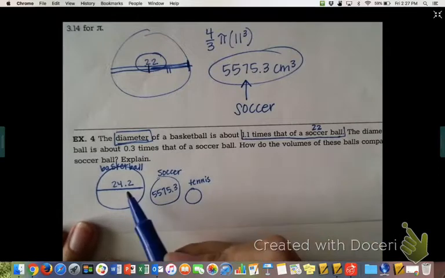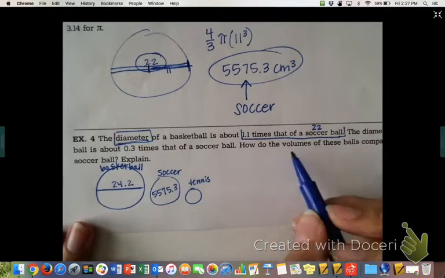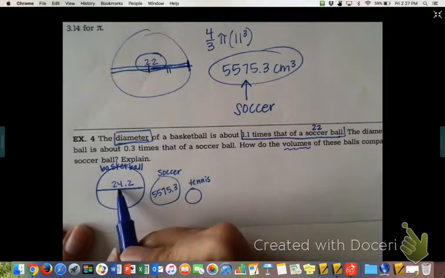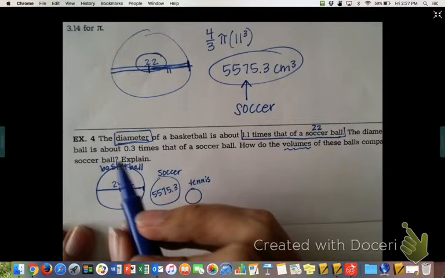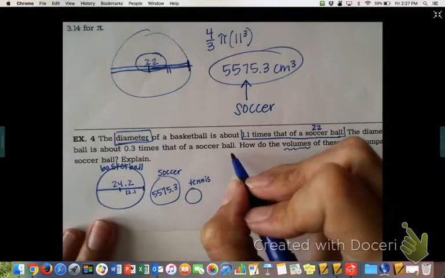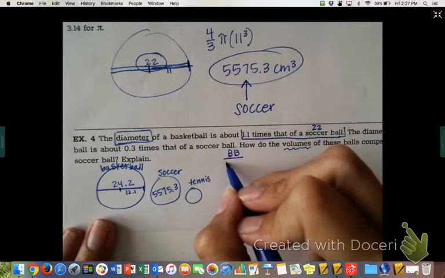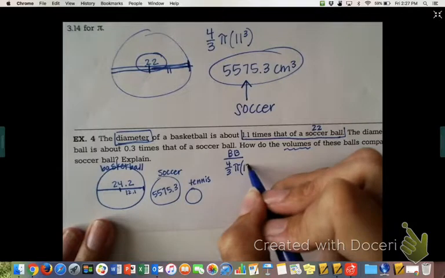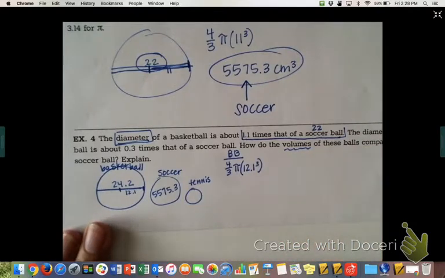Let's go ahead and find the volume, because part of the question is comparing the volumes. So if this is 24.2, we need the radius, which is half of that. So that would be 12.1. All right, so for a basketball, it is 4/3 times pi times 12.1 cubed. Let's find what that is.